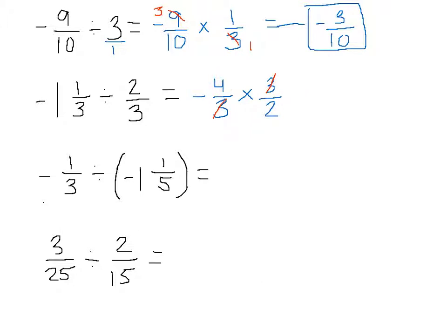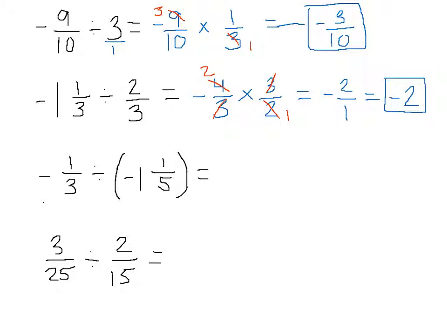So 4 divided by 2 is 2, and 2 divided by 2 is 1. So when I multiply what's left over on the top, I will have a negative 2 over 1. This is the only case in where you have to simplify after cross-cancellation because negative 2 over 1 is the same thing as negative 2. It is a whole number. Any number over 1 is a whole number.